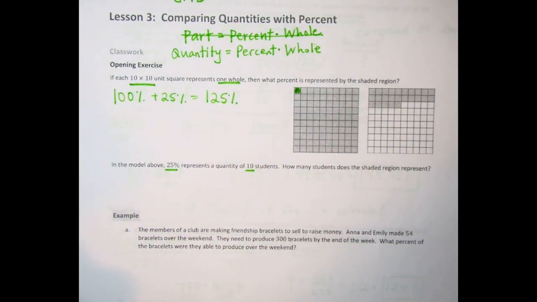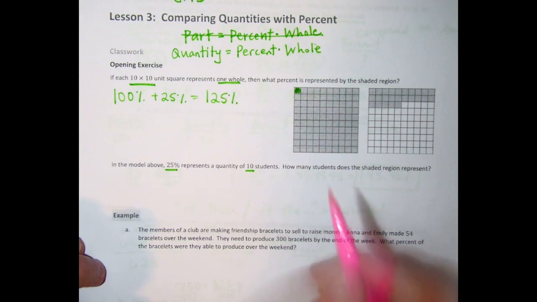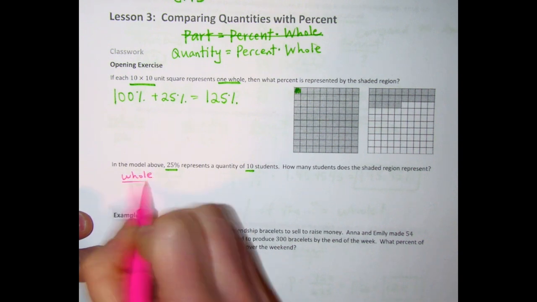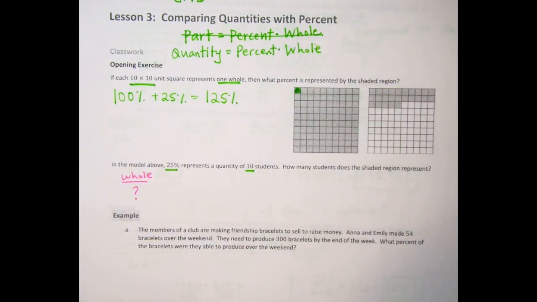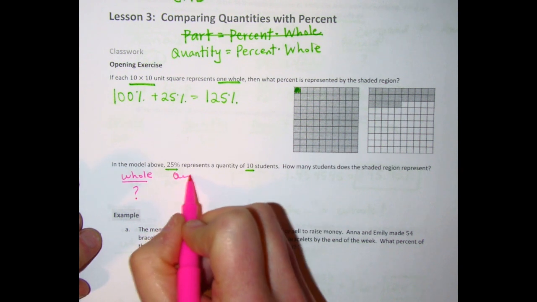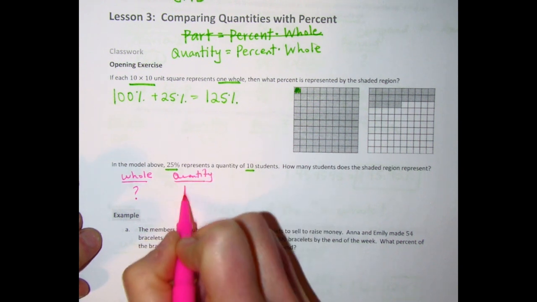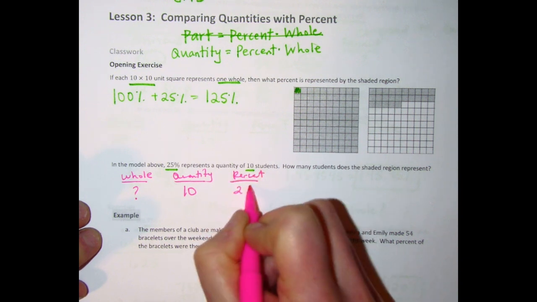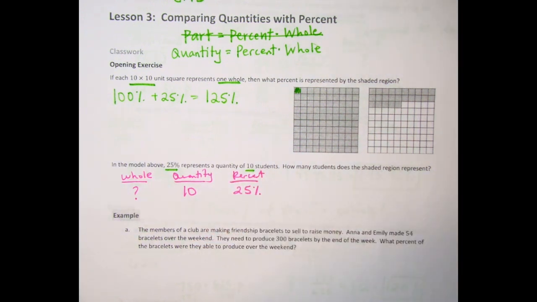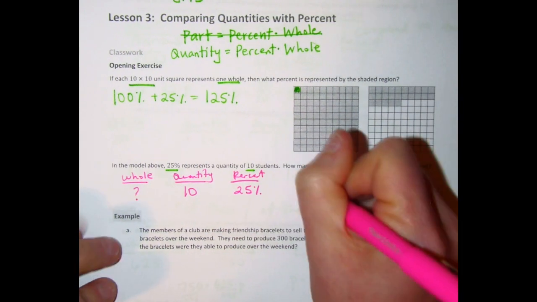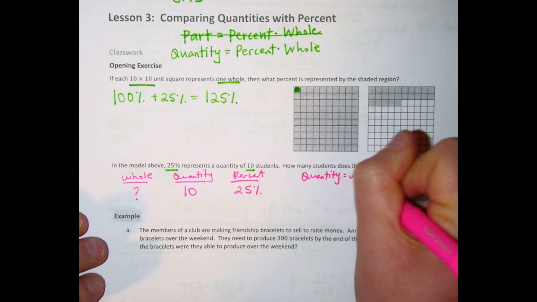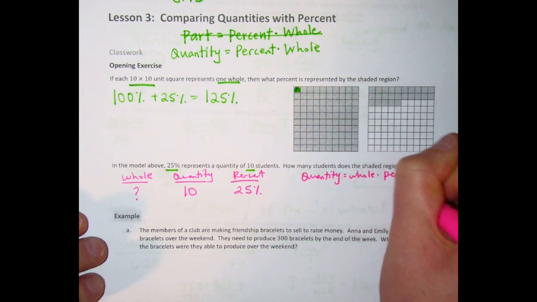So in this case, we have our quantity, which is, so first of all, which is our whole. We don't know how many whole students there are, but we do know that the quantity that we know is 10 students, and that the percent is 25. So we have that our quantity equals our whole times percent.